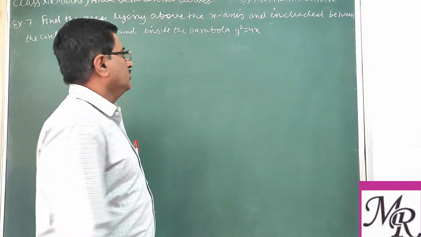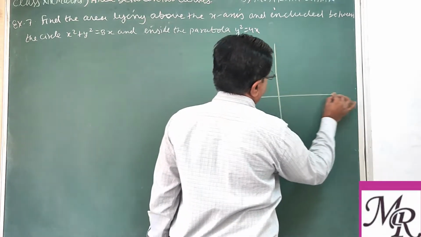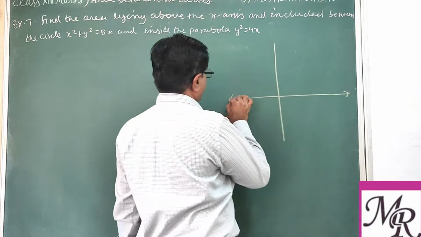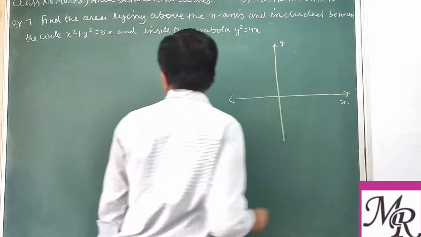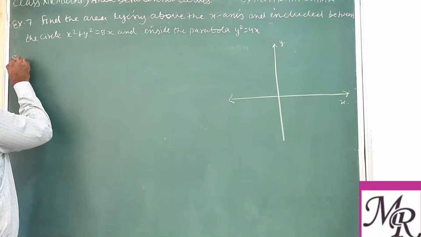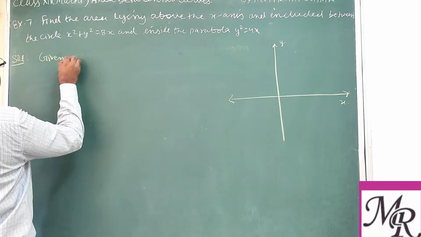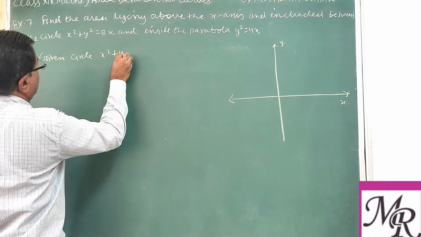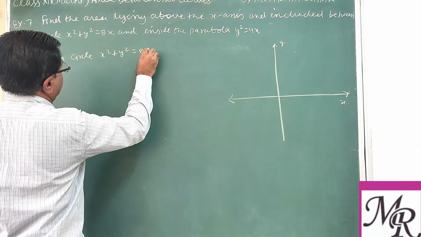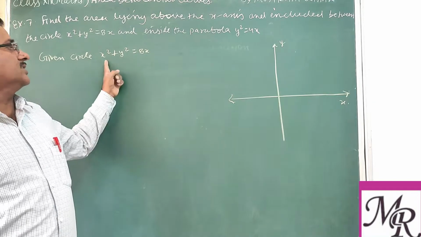So first of all, you see the figure, that is very important. Depending on the figure, we can make calculations. Now here we are given a circle which is non-standard, whose center is not at the origin because we are given x and x square.